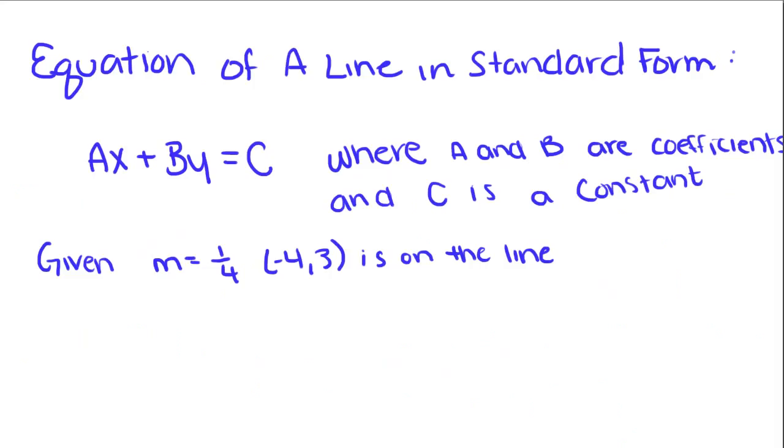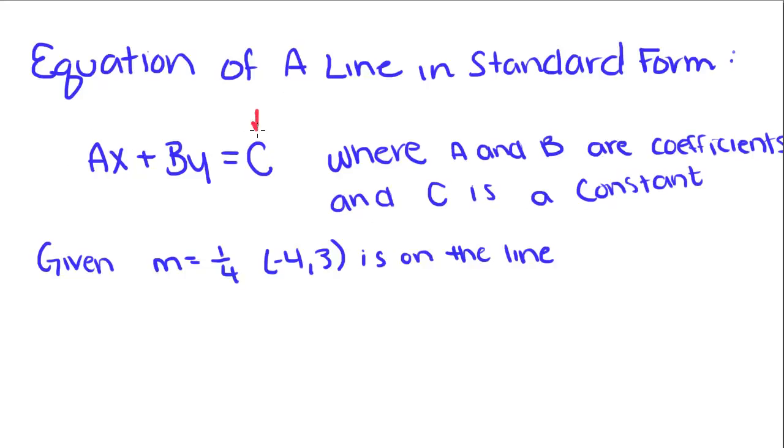So now we're going to talk about the equation of a line in what's called standard form. Standard form goes ax plus by equals c, where a and b are coefficients, which means they're numbers that stay in front of a variable, and c is a constant.